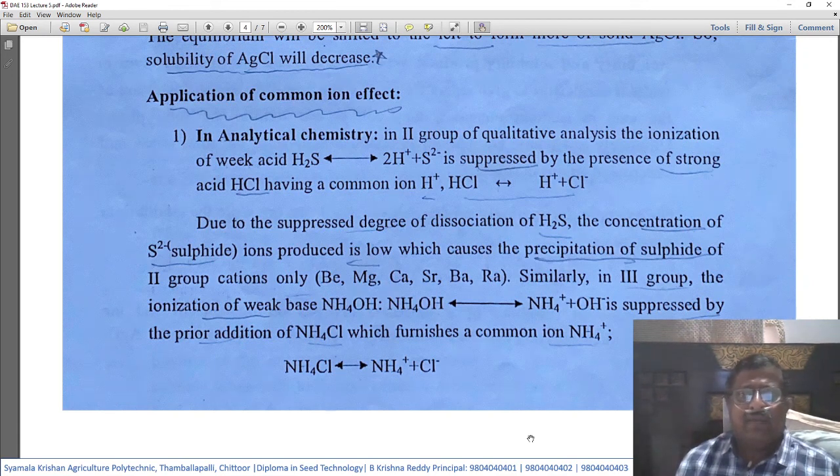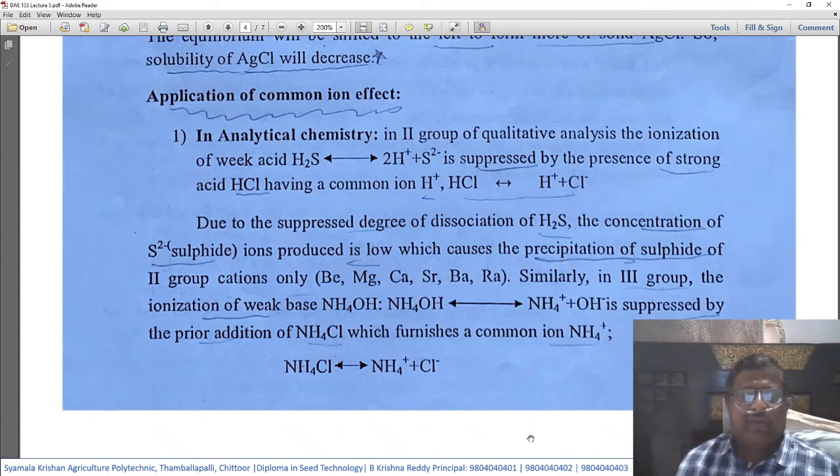That is, the dissociation of H2S into H+ and S2- will get suppressed. Due to the suppressed degree of dissociation of H2S, the concentration of S2-, that is sulfide ions, produced is low, which causes the precipitation of sulfides of second group cations only.